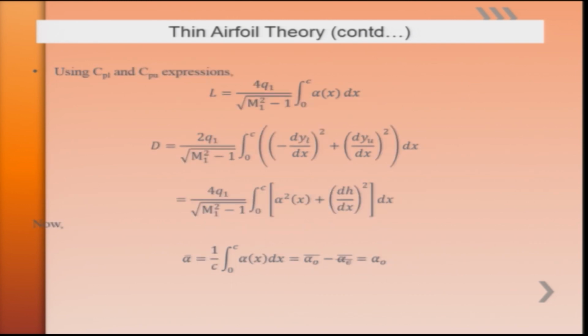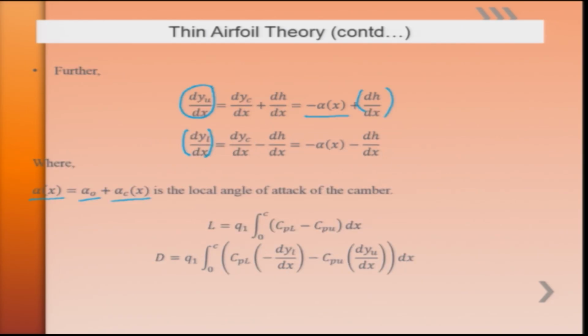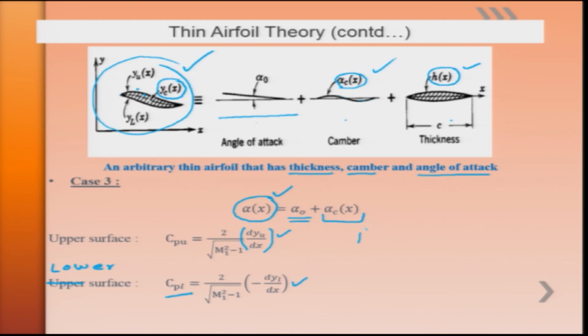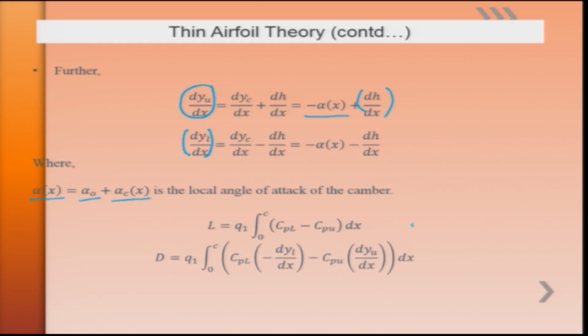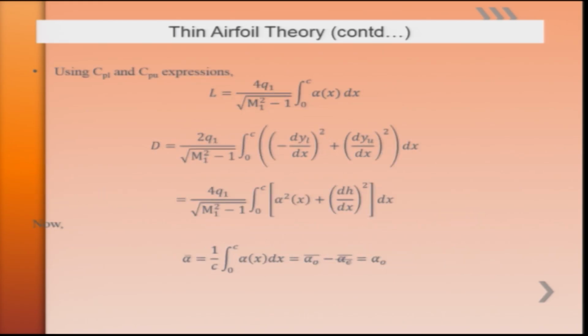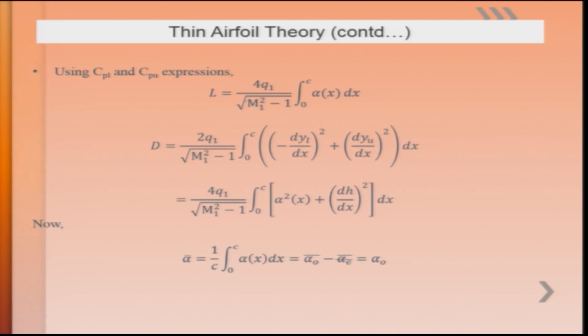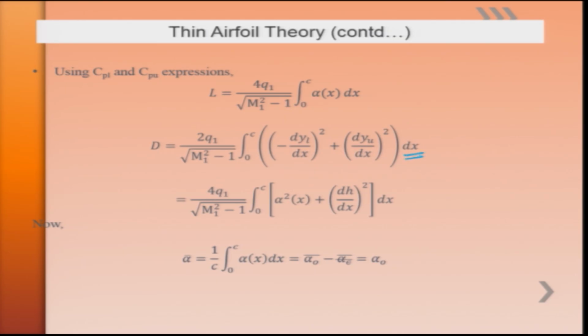Hence, using the Cpu and Cpl expressions from equation number 1 and equation number 2, if I introduce them into these, let us say equations 3 and 4, then I can obtain the final expression for lift as 4q1 upon square root of M1 squared minus 1, integral 0 to c of alpha(x) dx, whereas the drag becomes 2q1 upon square root of M1 squared minus 1, integral 0 to c, and in the bracket, minus dyl by dx squared plus dyu by dx squared, and then the whole integration with respect to x.